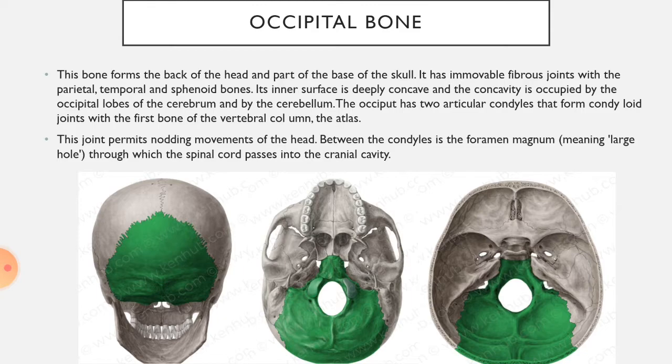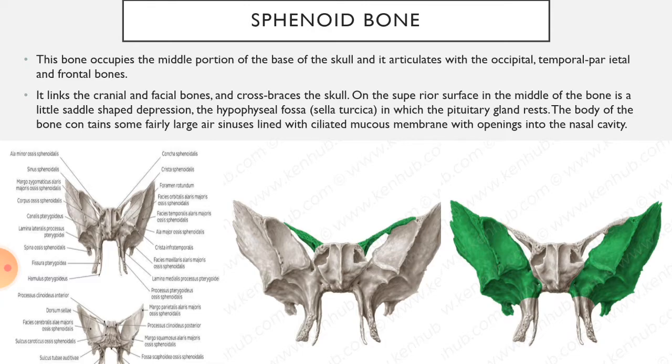The next is the occipital bone, and this bone forms the posterior part of your skull, and it also takes part in the formation of the base of the skull. This is the sphenoid bone, which is bat-shaped and has wings.